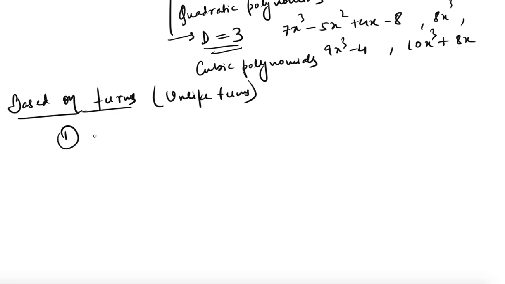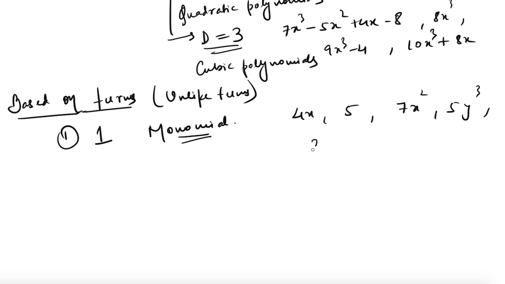For example, if the total number of unlike terms is 1, it is known as a monomial. Whether you say unlike term or term, if it is only one term, it is a single term and will be known as a monomial. For example, 4x, say 5, 7x square, 5y cube, 2x to the power of 8, etc. All are monomials because they just have one term in them.